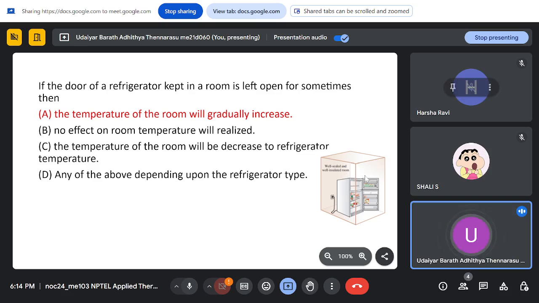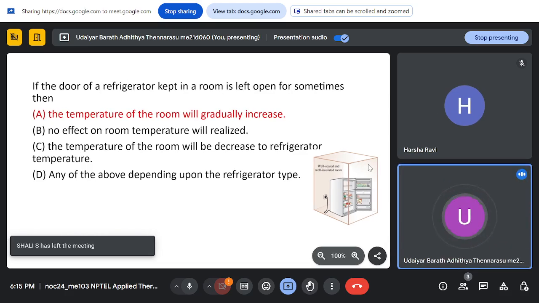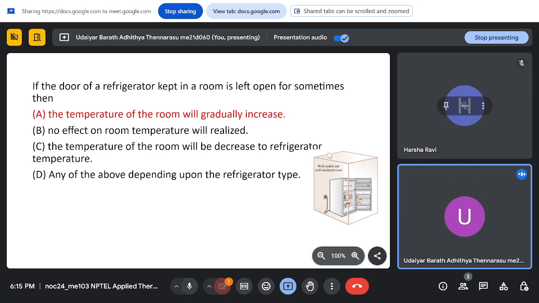The inside cabin is your lower temperature reservoir and the outside room is your higher temperature reservoir. The heat removed from the inside cabin will be some Q, but what is dumped out to the hotter reservoir will be Q plus W. So the net heat transfer occurring into the room is again W. So your temperature will increase.